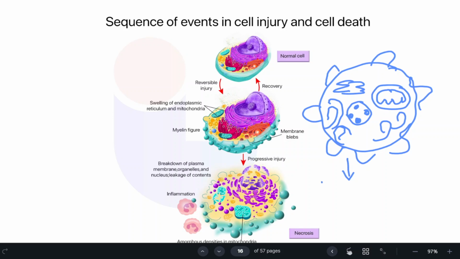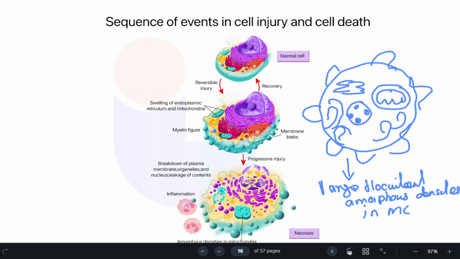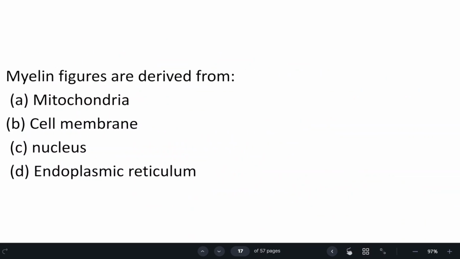But in irreversible cell injury, there is severe mitochondrial damage and large flocculent amorphous densities appear in the mitochondria. This is a feature of irreversible cell injury. Severe membrane damage and severe mitochondrial dysfunction characterize irreversible cell injury.